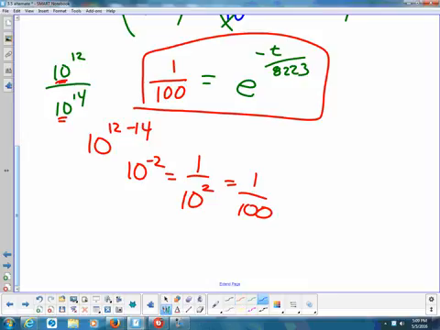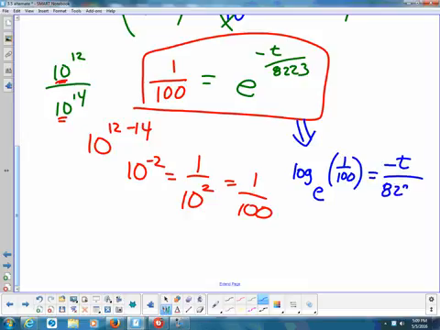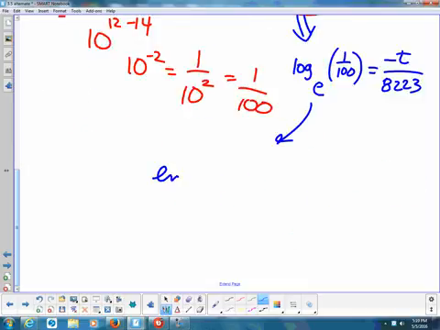Now, I'm going to have to solve that by rewriting in log form. So I'm going to write log to the base e of 1 over 100 equals negative t over 8,223. And I can write that as ln of 1 over 100 equals negative t over 8,223.